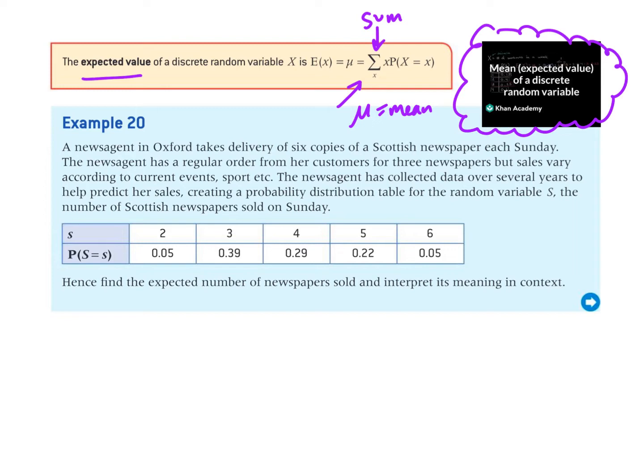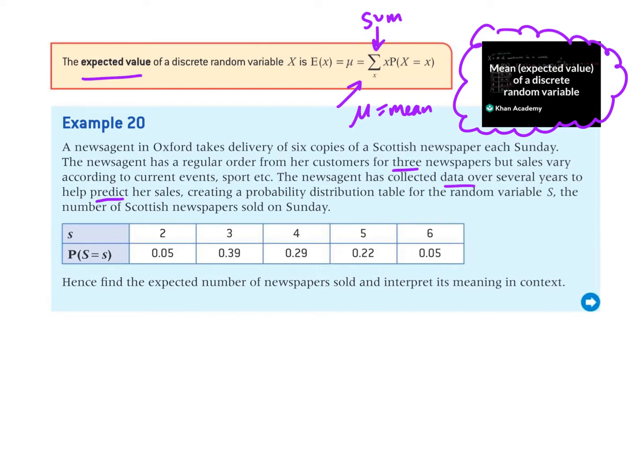So this is an example. A newsagent talks about delivering 6 copies of a newspaper. This is a very antiquated thing. Newspapers are a dying entity. They collect data to predict something.